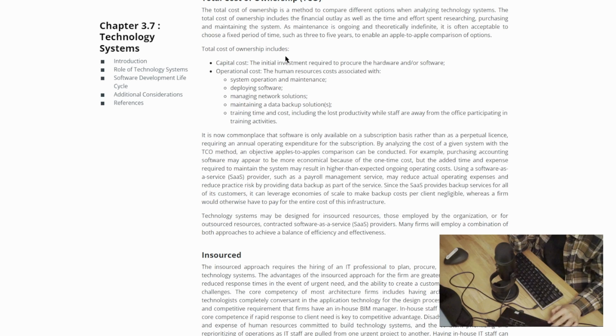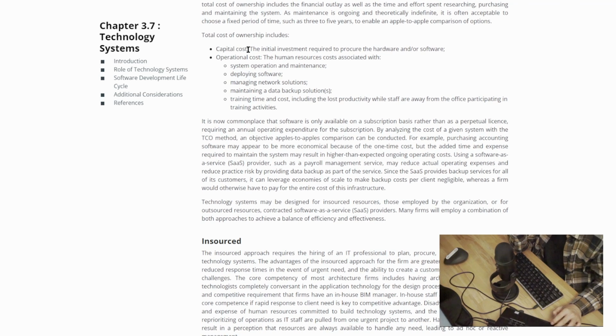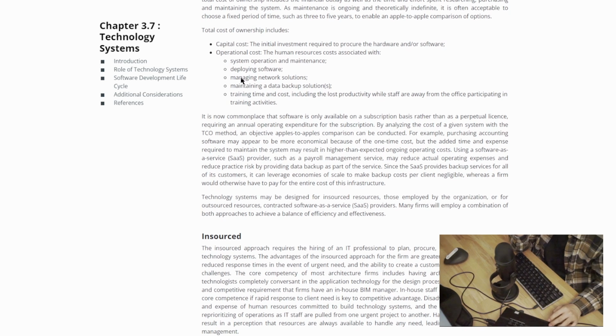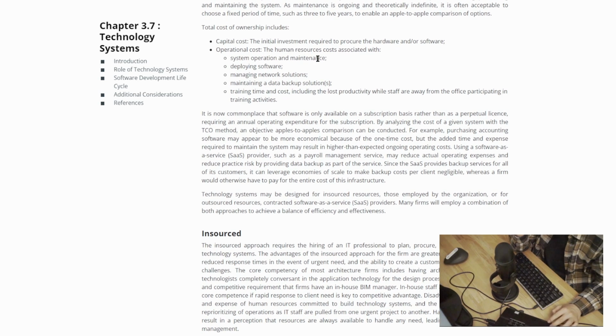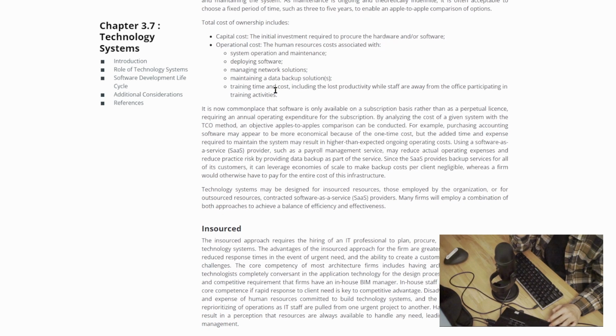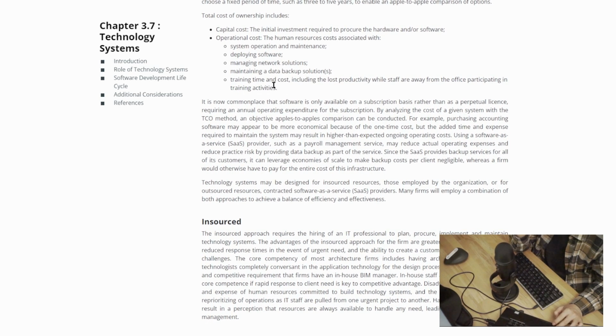Total cost of ownership includes capital cost, the initial investment required to procure the hardware and/or software; operational cost, the human resources costs associated with system operation and maintenance, deploying software, managing network solutions, maintaining a data backup solution; training time and cost, including the lost productivity while staff are away from the office participating in training activities.